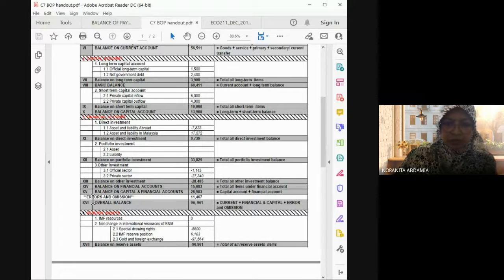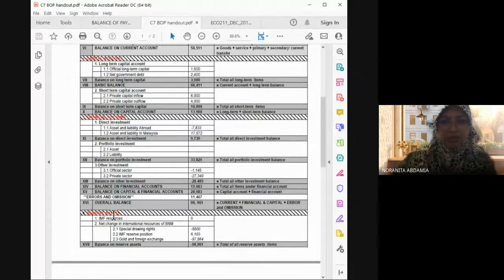Tengok ni, kat mana position errors and omissions, always under the balance on the capital and financial account. Selepas item ni barulah boleh letak errors and omissions. Tak boleh letak suka hati kat mana-mana. This is the position for errors and omissions, only after the second major account. It has no formula, just the position. Ada letak, tak ada is okay. Never mind, just ignore.